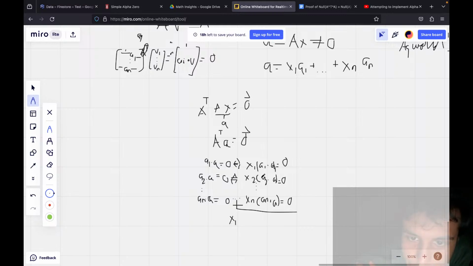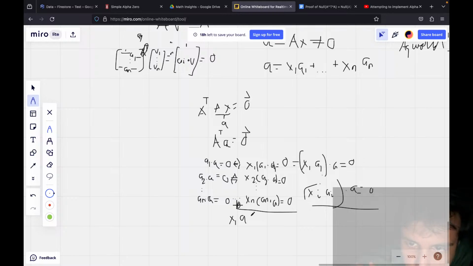x1 a1 dot a equals 0. And in general, the ith one would be just xi ai dot a equals 0, and then we sum up these n equations.